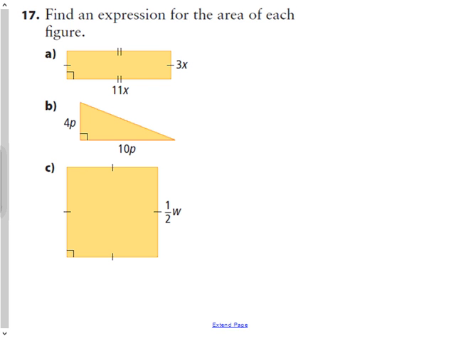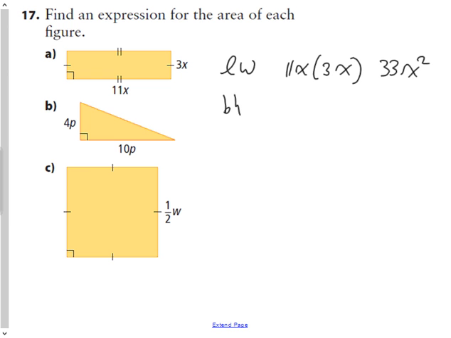Questions 17 and 18 and 19. 17 A, B, and C have to do with areas of different figures using formulas and algebraic terms. So the area of this is going to be length times width, or 11x multiplied by 3x, or 33x squared is the area. The area for B, a lot of people had it wrong, but pay attention.